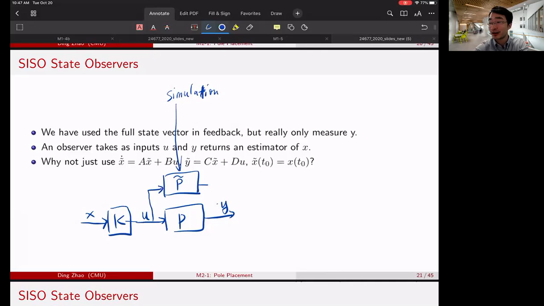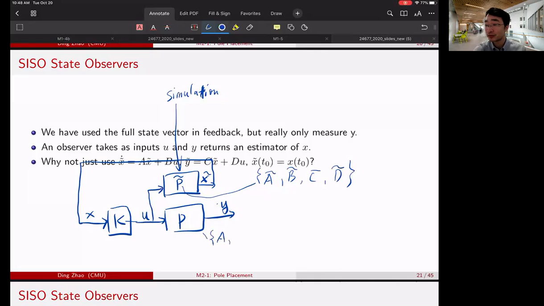I can output this x tilde and use x tilde as x. What's the issue with that? The issue is this P tilde, with A tilde, B tilde, C tilde, D tilde, that's your simulation, may not be equal to the real ABCD system. So if you blindly follow that, you will have trouble.